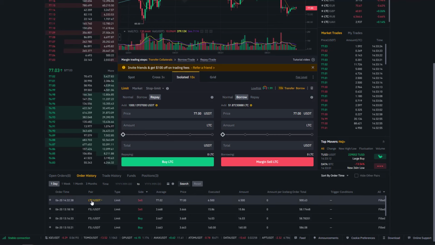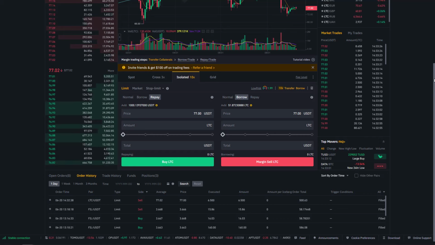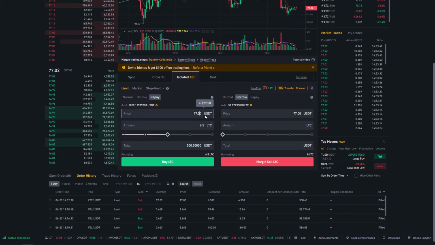So to do that, I want to trade Litecoin versus USDT, and now I have to buy it back by repaying. How much do I want to buy back? 6.5 is what I sold short. What price do I want to buy it back at? Let's just say I'm willing to buy it back as high as 77.05, so I'll take a maybe even small loss here.